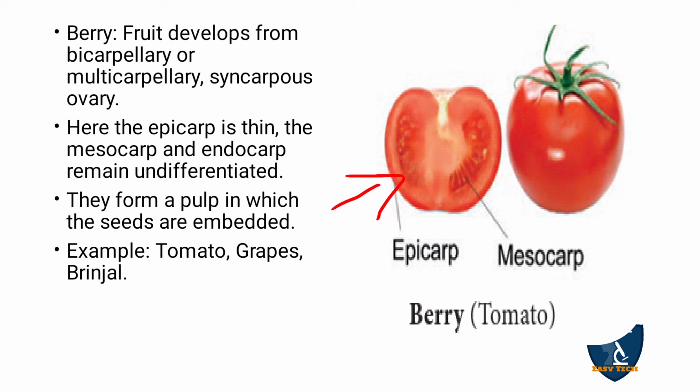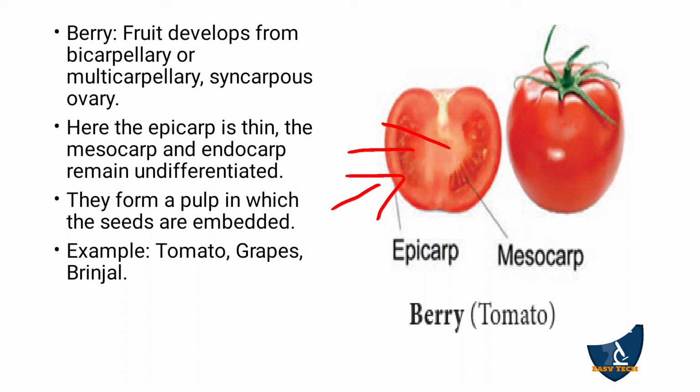The outer layer, the epicarp, is thin, but you can't say this is the mesocarp and this is the endocarp, because the mesocarp and endocarp are fused and undifferentiated. The seeds are embedded in pulp. While cutting the tomato, you can see the seeds in a small bag-like structure; that structure is called the pulp.